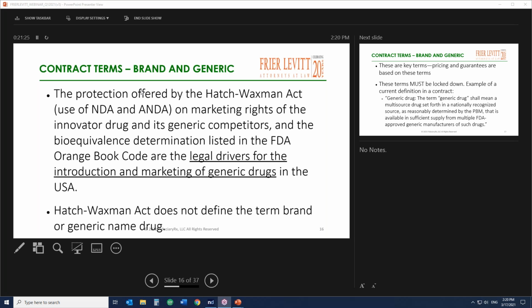Hatch-Waxman Act is a law that passed back in, I believe, 1984, and that created the generic drug industry as we know it today in the United States. However, it does not define brand or generic drug. Why is that important? Because the definition of brand and generic drug is a key component of reducing a plan sponsor's drug spend, and it is dictated by the contract terms negotiated between plan sponsor and the PBM.